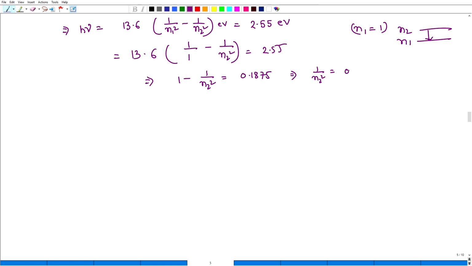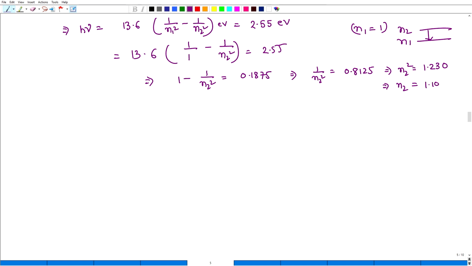So, it is 0.8125. So, n2 square will be 1 divided by 0.8125, it is 1.230 something. So, n2 will be just the root of that answer. So, it is root over 1.230, it is 1.10.